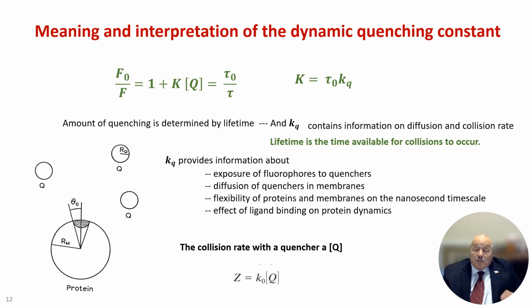The information that is used mostly from these experiments is the bimolecular quenching constant, and that's because it contains information on the rate of diffusion of the fluorophore, in the case of membranes, on the local concentration of the quencher, and it depends on the collisional rate.